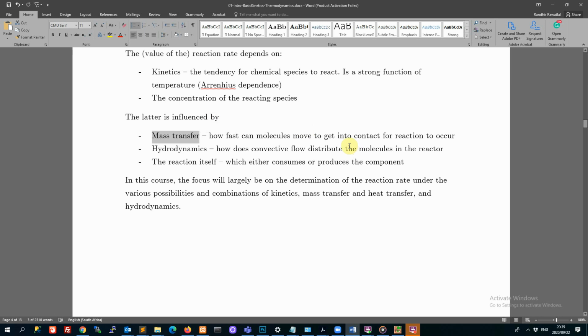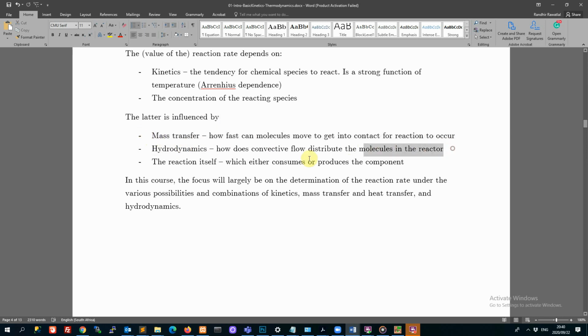Even if they are convecting at high speed through the reactor, even if we are pumping them through the reactor fast, they might not actually be in close contact because there might be some rate of delay in A contacting with B. For example, if A and B react quite fast, then C, the product, might form and somehow retard the contact between A and B. So there are various factors that influence mass transfer. We'll talk about those in some detail in the course.